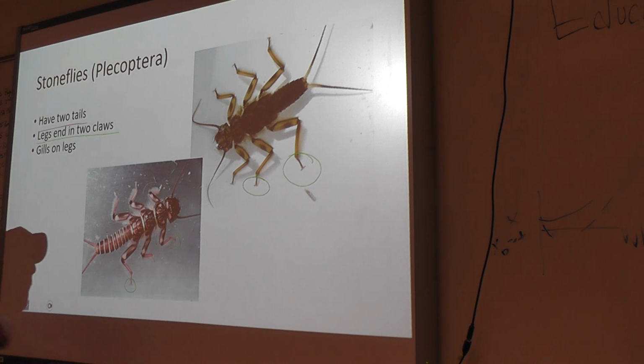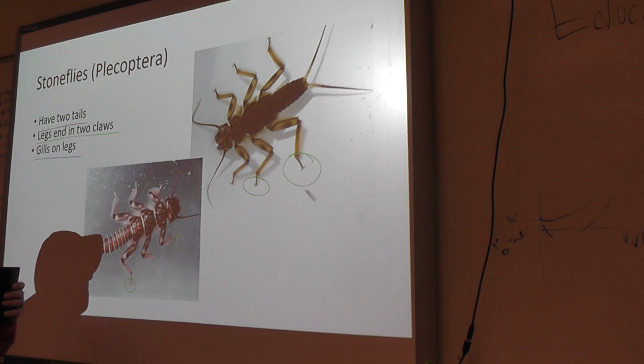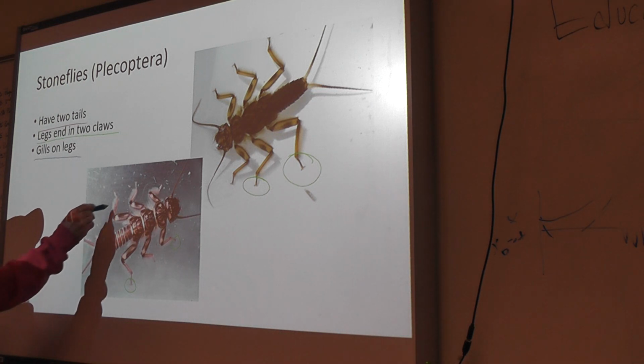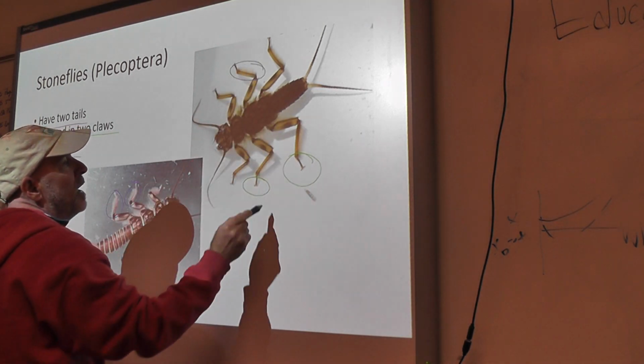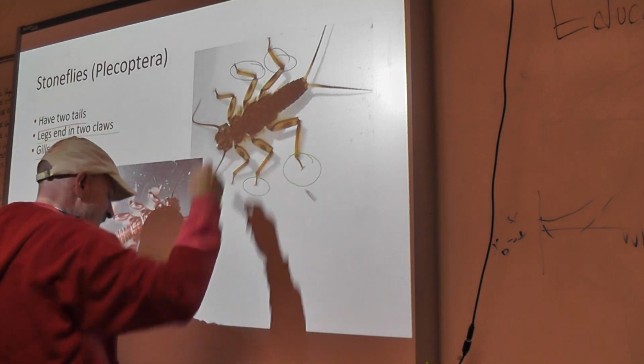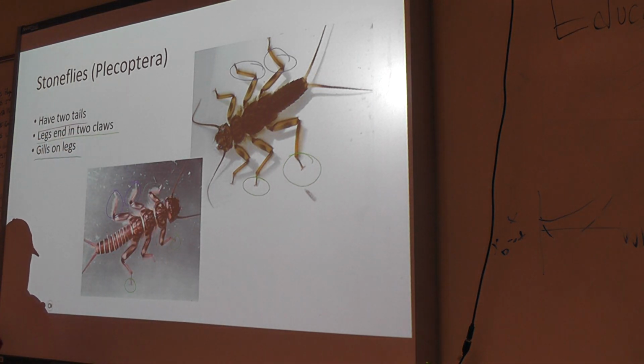And then the stoneflies, instead of having gills on their abdomens like the mayflies do, they have their gills on their legs. And they're feathery again, so you can see them on these legs. And again, that seems really weird. Why would something have gills on its legs? But it doesn't really matter where they are, right?